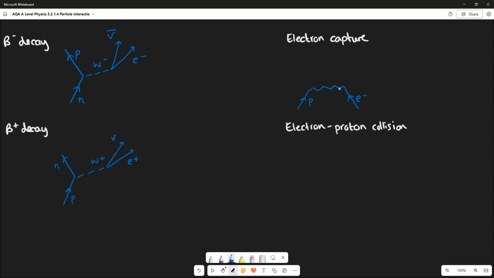That's the easiest way to imagine this happening. And it does so through the mechanism of a W plus boson. The W plus boson produces our neutrino, and the proton absorbs that negative charge and turns into a neutron.